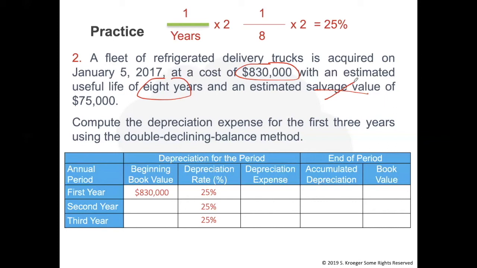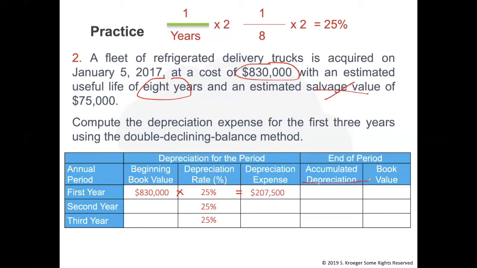$830,000. To find the depreciation expense for the first year, you would multiply the book value by the depreciation rate. $830,000 times 25% would equal $207,500. That would be our depreciation for the first year.